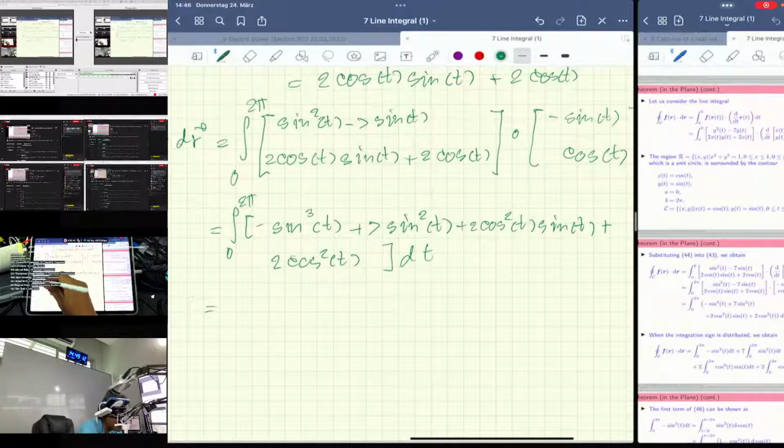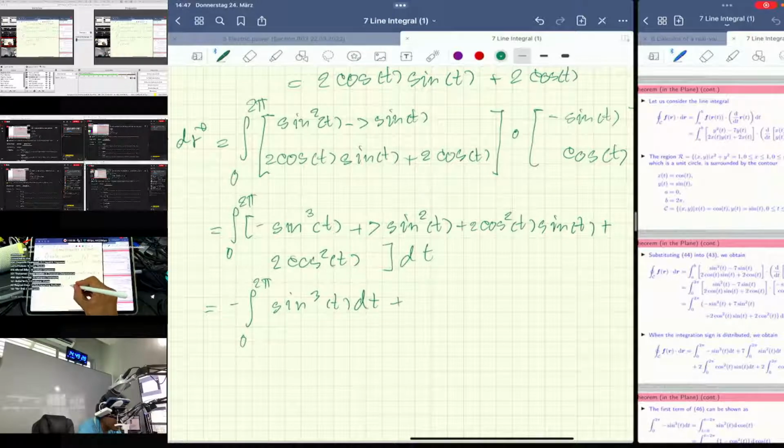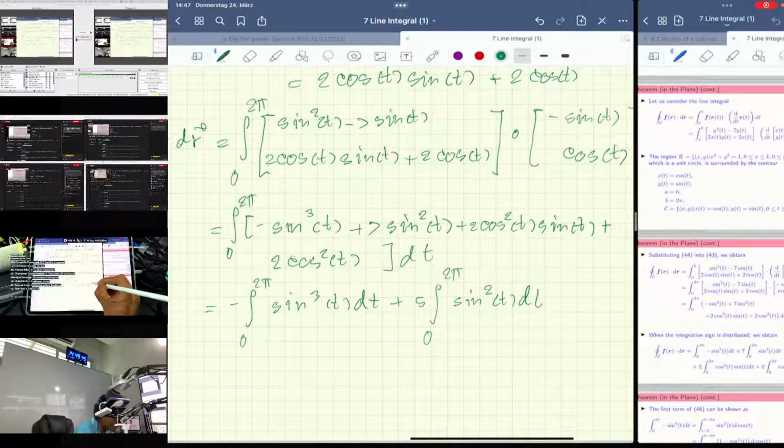But one important thing is that the first term is integration of 0 to 2 pi of sine power of 3 dt, right? And the next one is plus 5, and 0 to 2 pi, and sine square t dt.